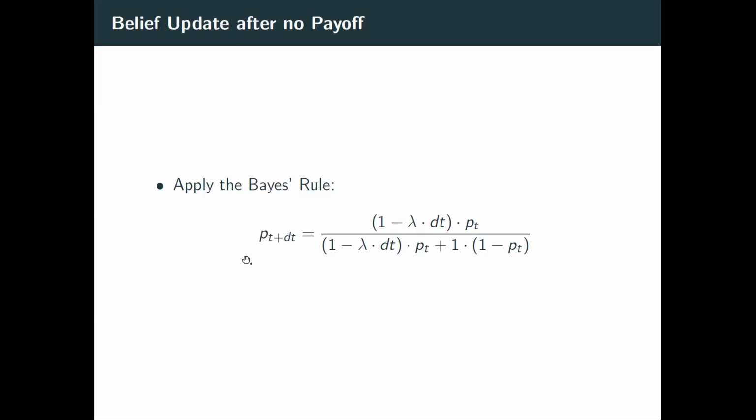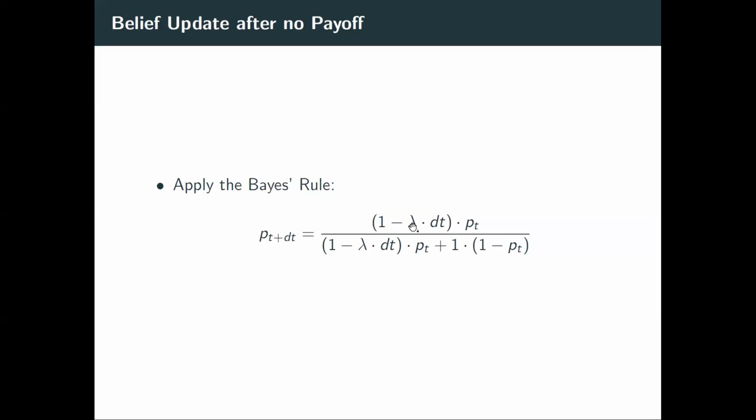Here we use the Bayes rule to calculate this evolution. Remember that for the Bayes rule, we just need a prior. In the beginning of this dt time interval, your belief was exactly pt, so it's your prior with which the risky arm is good. Then in the time interval of dt, you didn't have an arrival. How likely is that if the risky arm is good?